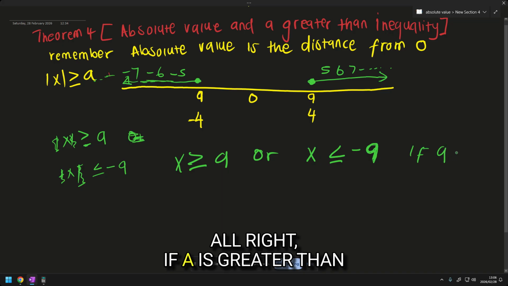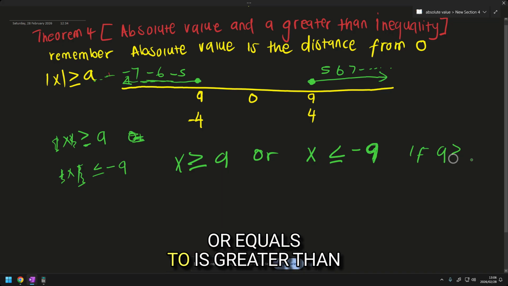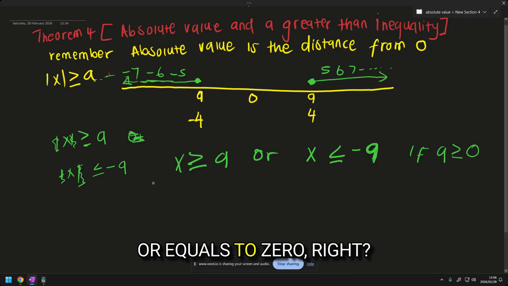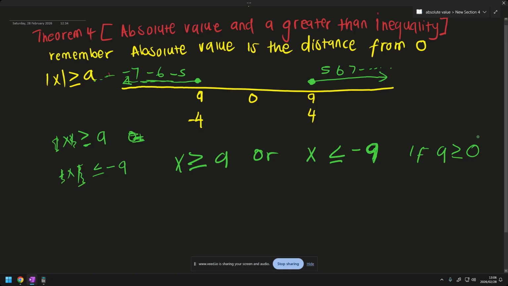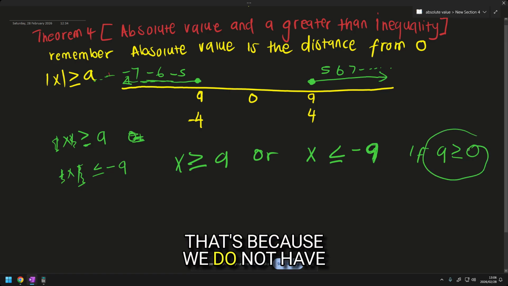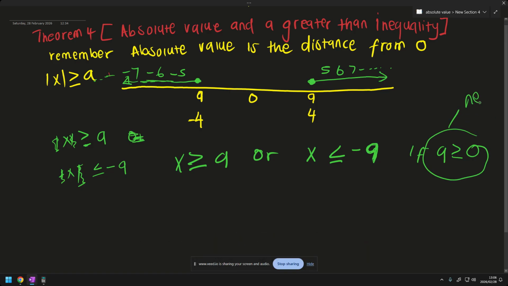If a is greater than or equals to zero, right? That's because we do not have a negative distance here.